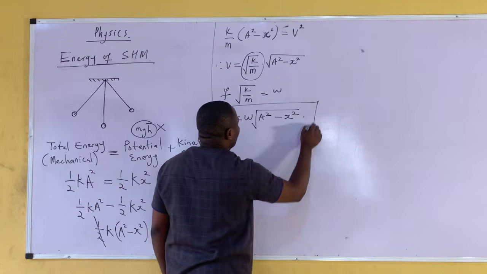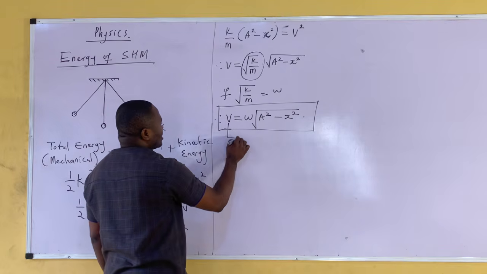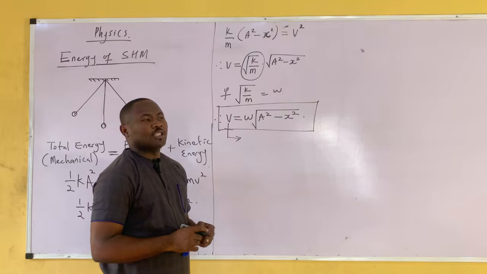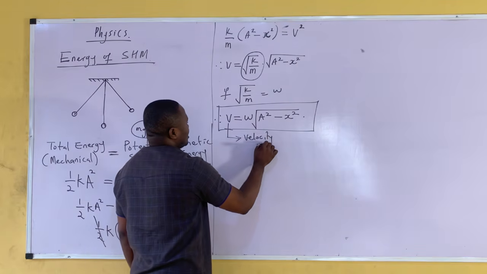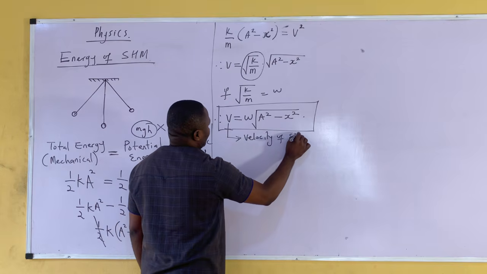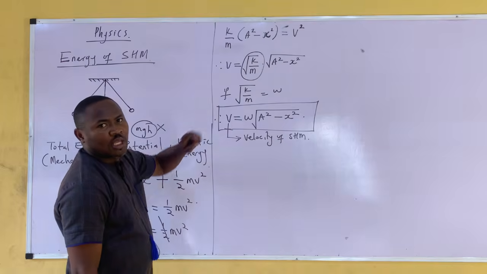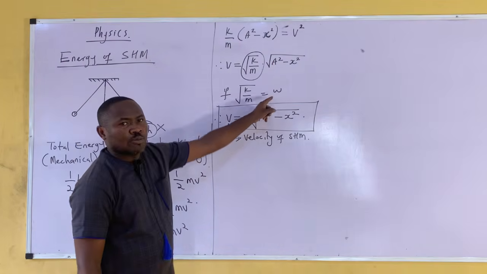Now, this formula is very important. Why? Because it's used to calculate the velocity of an SHM. This is the velocity of SHM. Take note of this, very, very important. Let me show you this in a moment.